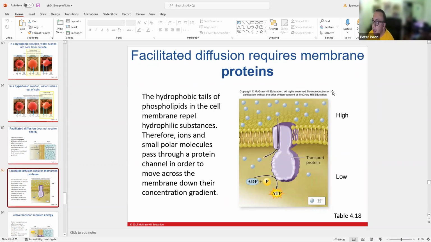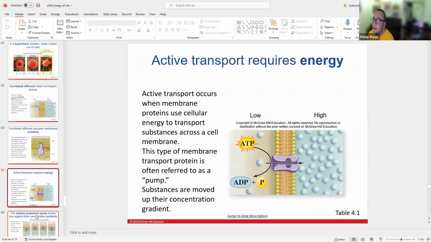Okay, but still high concentration to low concentration. Okay, active transport requires energy. In active transport, you're going from an area of low concentration to high concentration. In other words, you're going against the chemical gradient.